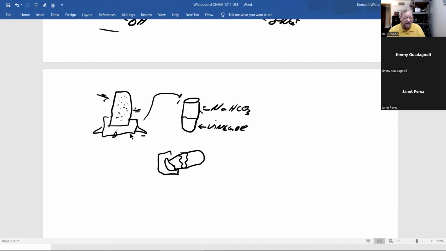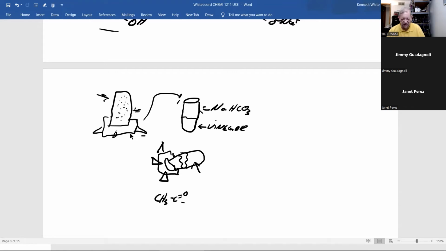actually this is all mixed together. Don't laugh too hard. And you have the cap on there. Inside here, the tube, you have this reaction.